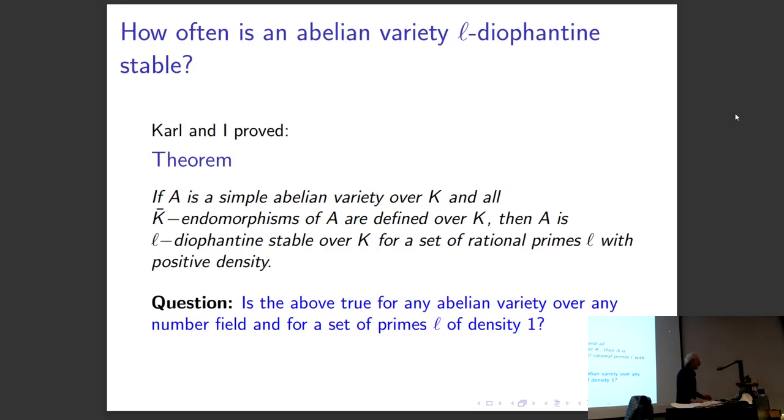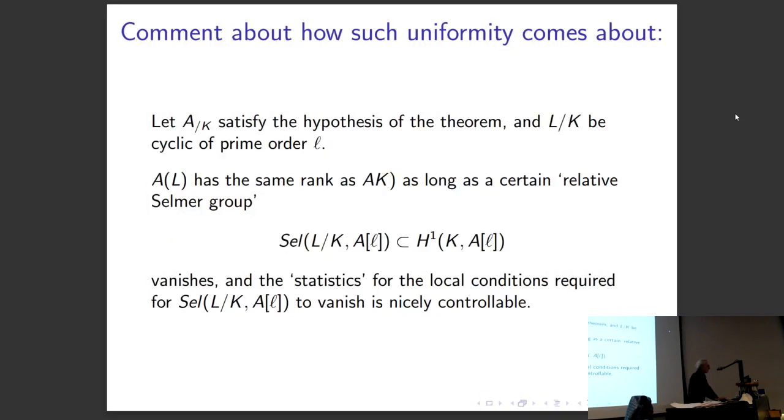I want to make a few comments about how such uniformity comes about. It's not that much of a different technology than the standard technology that was used by Mordell and by André Weil and by Faltings.